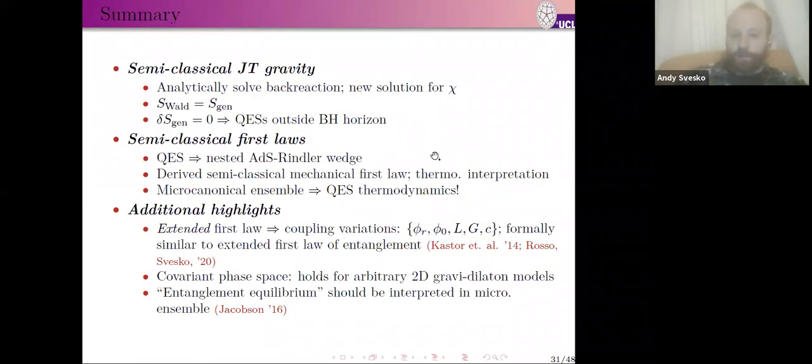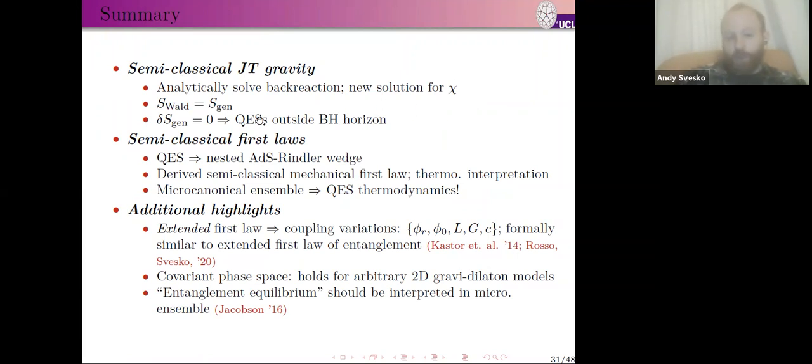Okay, so this is a first good stopping point. I can summarize everything I've shown so far, which is essentially the meat of the big paper we had in July. Essentially, we analytically solved the semi-classical JT action very systematically and found a new solution for the auxiliary field chi.